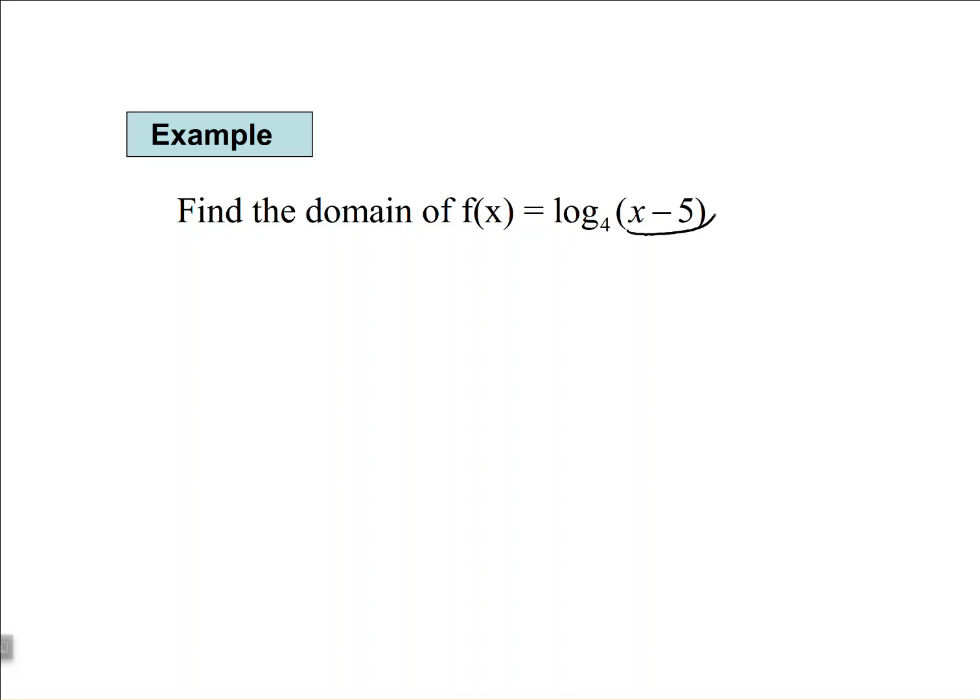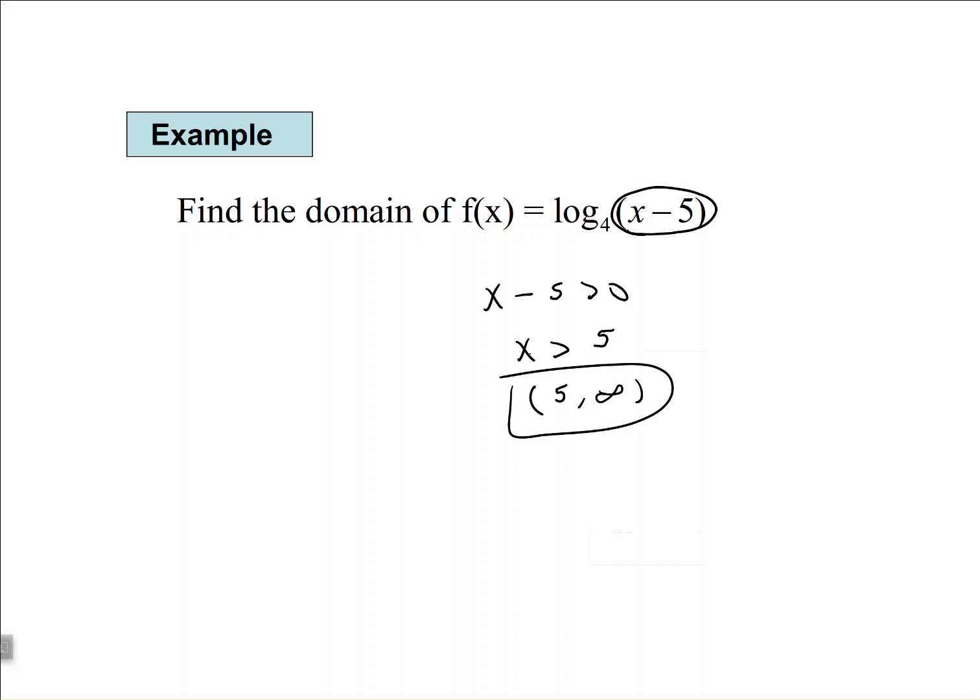However, I can algebraically solve this by saying x minus 5 is greater than 0, adding 5 to both sides. That tells me that x is greater than 5. Now, since x is greater than 5, to write that in interval notation, that would be from 5 to infinity. And that's it.